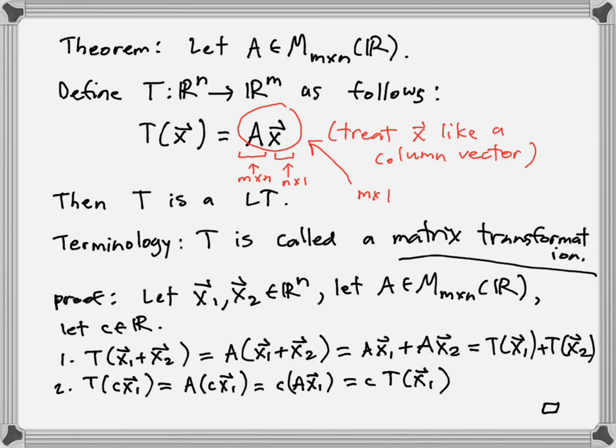Now, our next example is going to be a connection. Let me write the example down and you'll see what I mean by a connection. Let's call this guy T2. So I want T2 to be the map from R2 to R4.